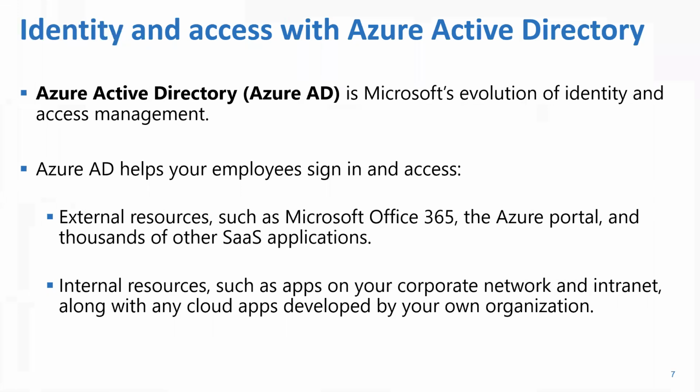It still provides a lot of the basic functionalities which Windows Active Directory provides, like user management, password management, and group management. It is actually the backend for your Microsoft 365 and Dynamics 365. It can integrate with most of the popular software-as-a-service applications that require some kind of authentication, right?